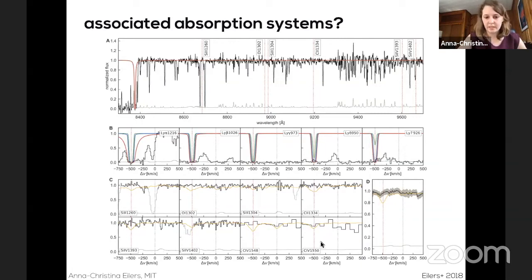You can see that in this bottom panel here, where we look at silicon-2 and O1 and so on, and just search whether around this hypothetical absorption system we see any evidence for metal lines. This is the stack, and you can see there's not really any evidence. However, we cannot rule out very metal poor systems.